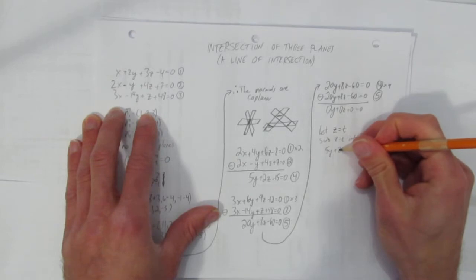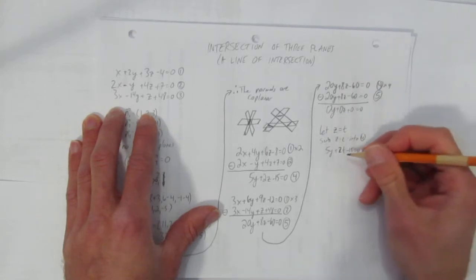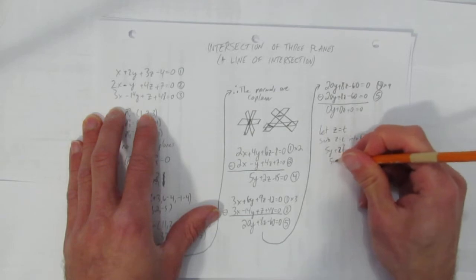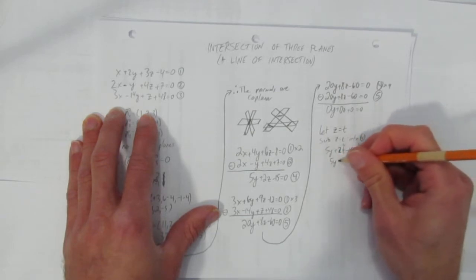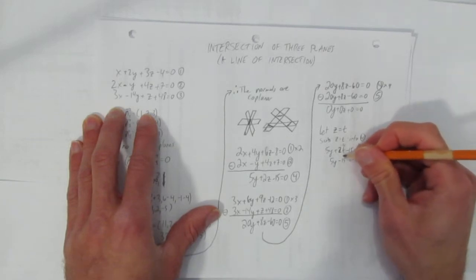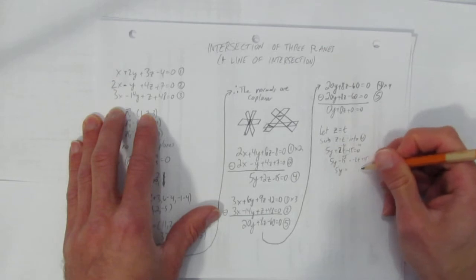Sub in that 2 times z, which is t, minus 15 equals 0, and get y by itself. So I'm going to subtract 2t both sides, and I get 5y minus 15 equals negative 2t. Now I'm going to add 15 both sides, and I get 5y equals negative 2t plus 15.